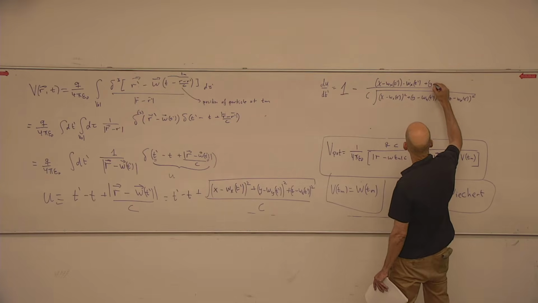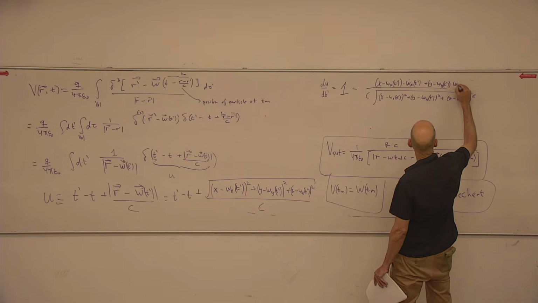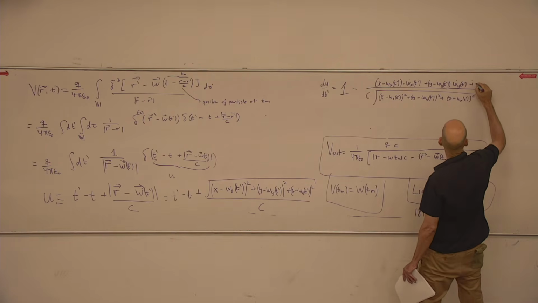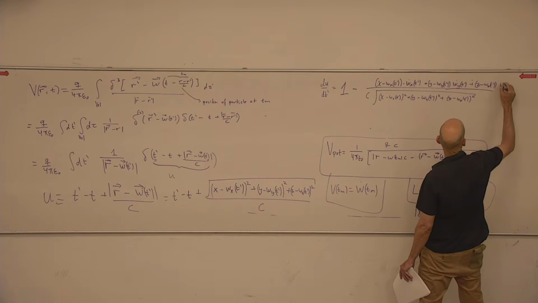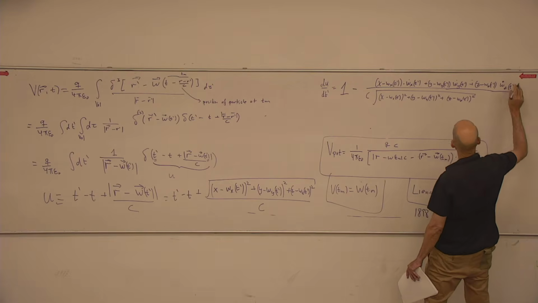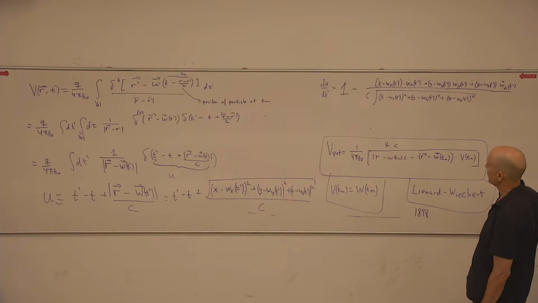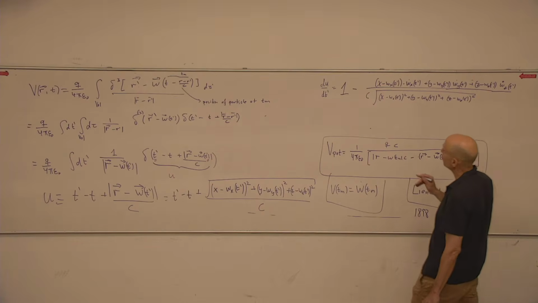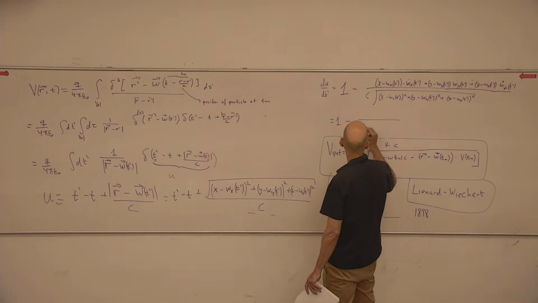Plus y minus wy t prime times wy dot t prime, plus z minus wz t prime times wz dot, the derivative with respect to time t prime. So we see here the three components of velocity of the path at this special time t prime. But if you look at this for a second, 1 is 1, minus c is c.